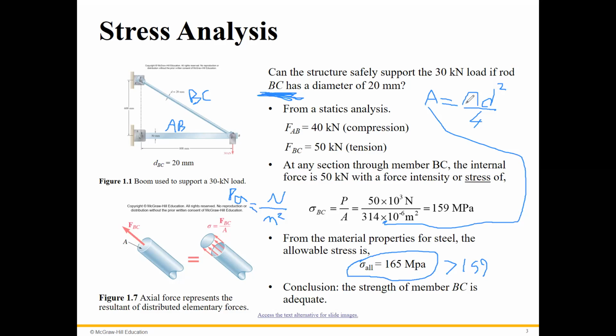The area of the circle is pi r squared, or instead of r, put d over 2, right?